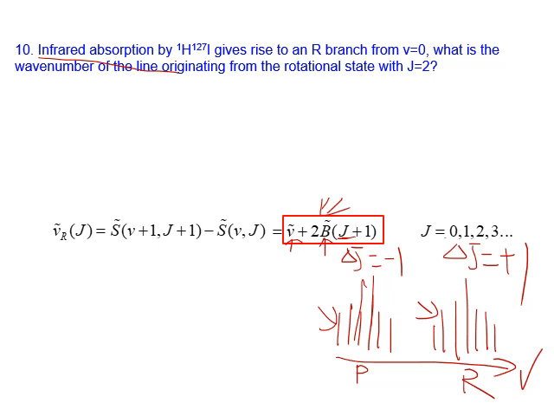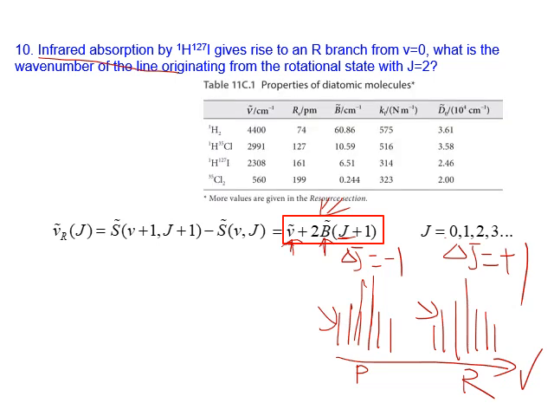Now, how do you know the natural frequency and rotational constant for hydrogen iodide? Here is a table that you can find in the textbook. Hydrogen iodide is here, so the natural frequency goes here, and the rotational constant. Here it says originating from the rotation state J equals 2, so from 2 to 3, that gives you delta J equals 1.